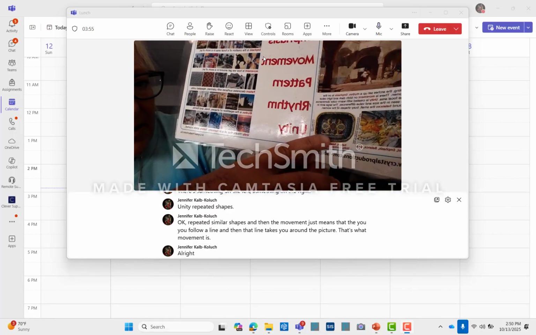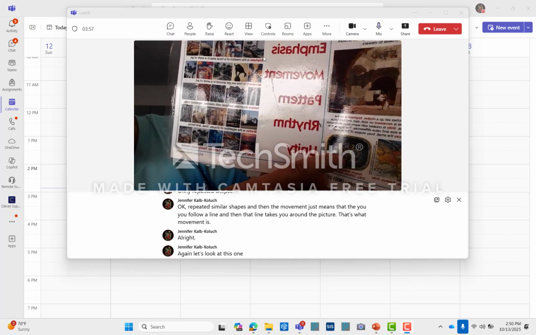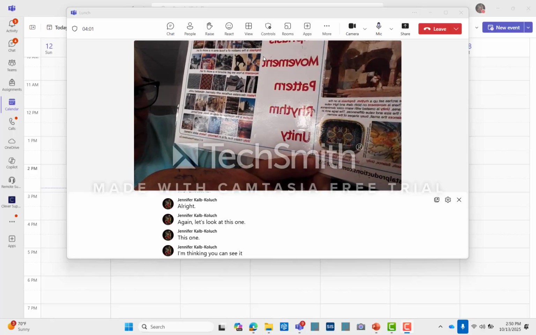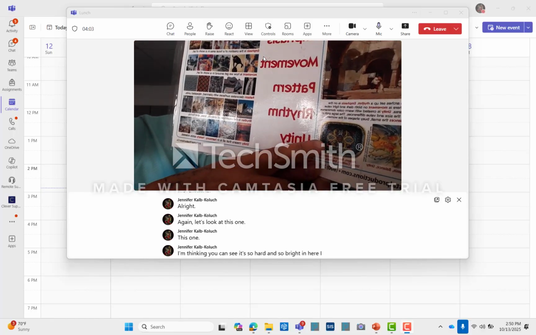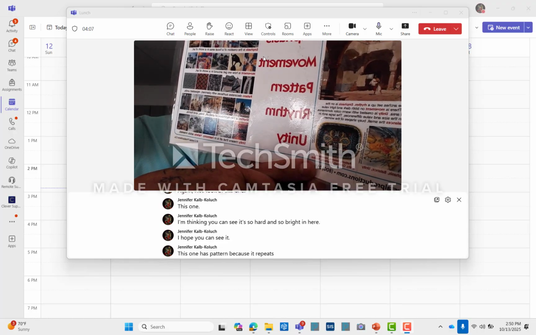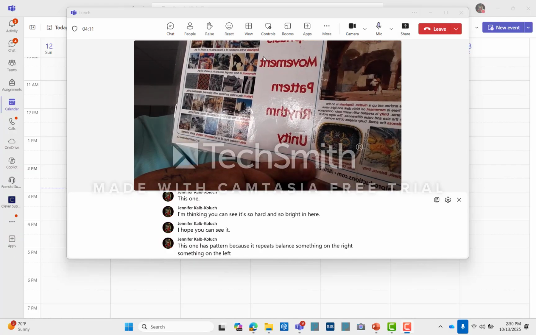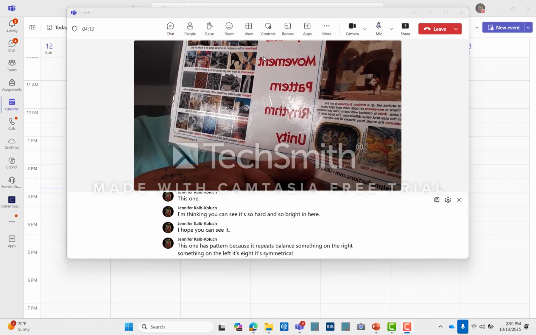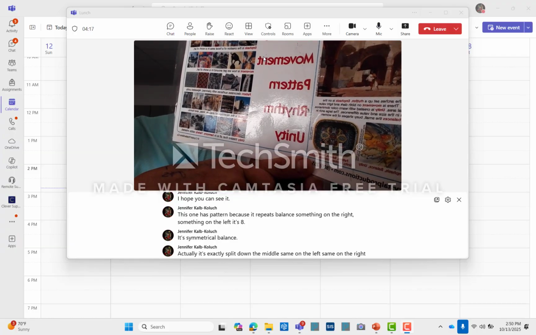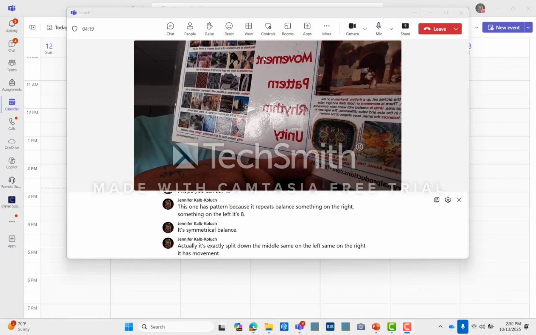Again, let's look at this one. This one, I'm thinking you can see. It's so hard and so bright in here. I hope you can see it. This one has pattern because it repeats. Balance, something on the right, something on the left. It's symmetrical balance, actually. It's exactly split down the middle, same on the left, same on the right. It has movement, which leads your eye around.